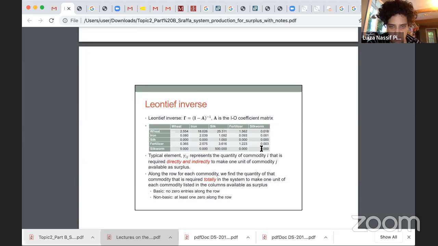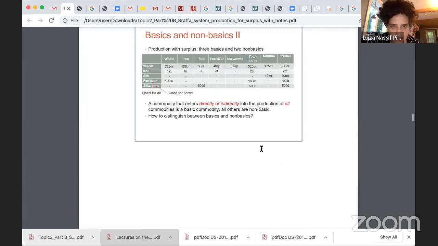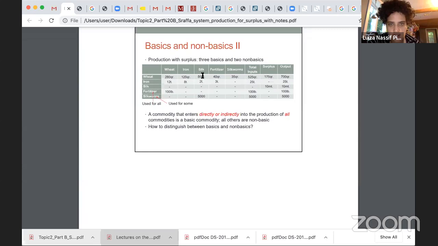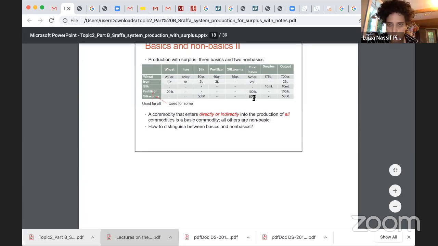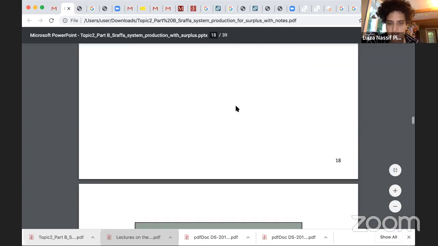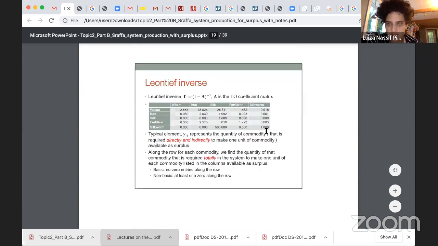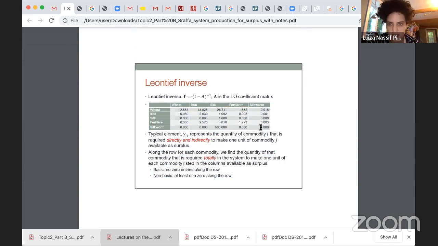So that 1 there, it's because silkworm is used in silk, but silk is not used in silkworm itself. So basically you have no multiplying effect going through the increase in silkworm. The only increase that silkworm will create to itself is the direct increase of 1 unit.